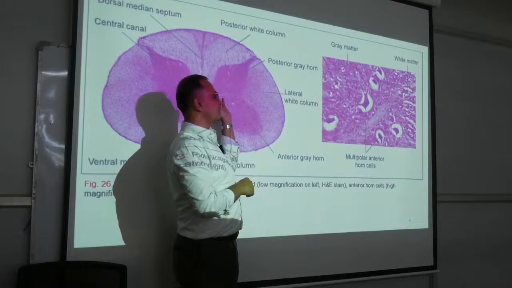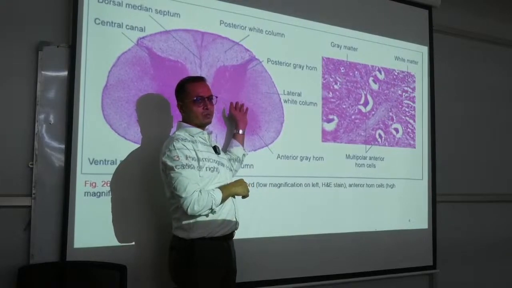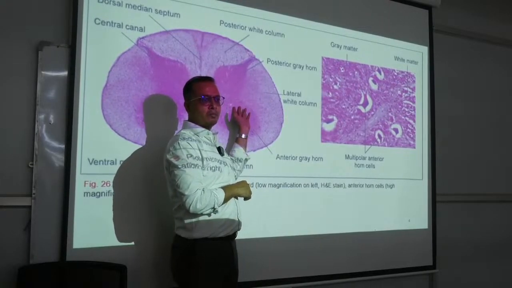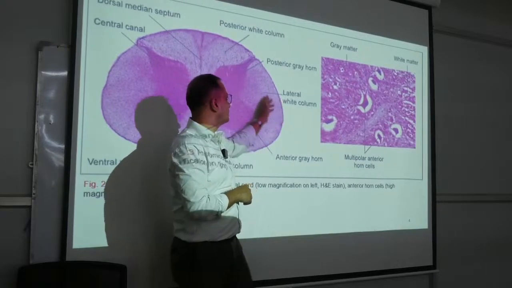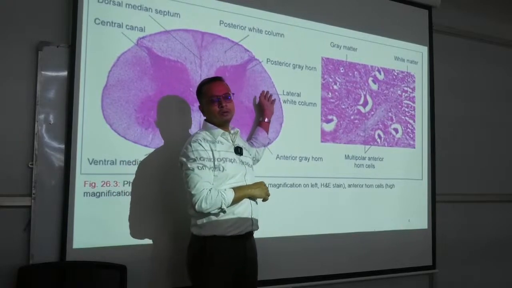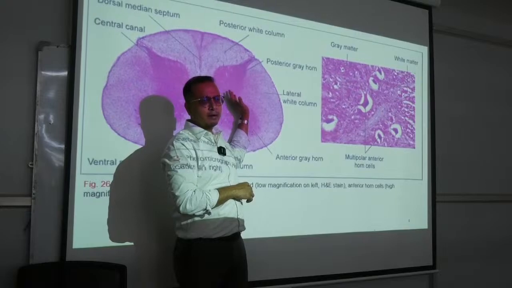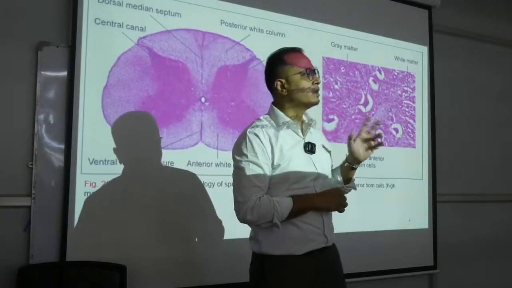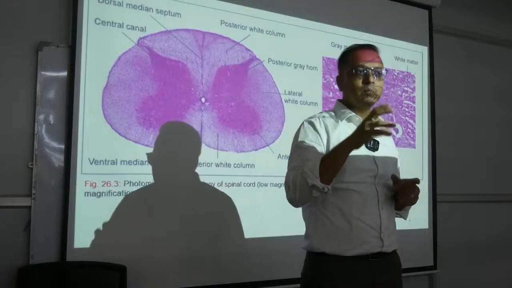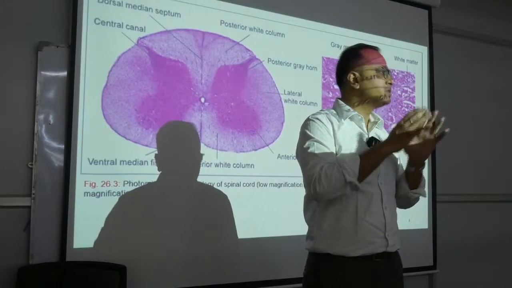Now, surrounding this central canal, we have the gray matter, which is the cell bodies of the neuron cells. If you move farther away towards the margin, you will see the white matter. The gray matter and the white matter are composed of two structurally different elements of the neural cells. Neurons have two elements: cell bodies and projections.